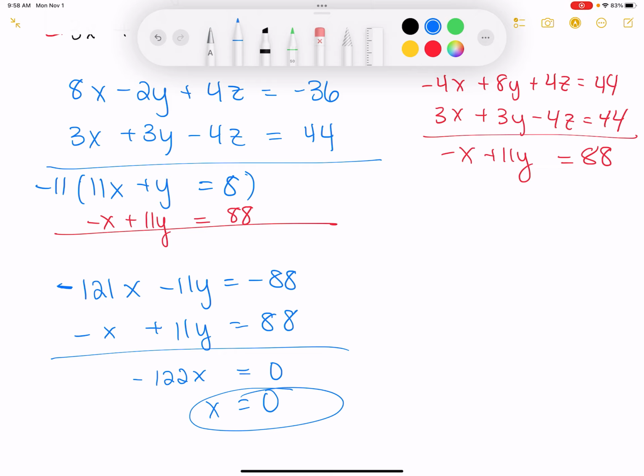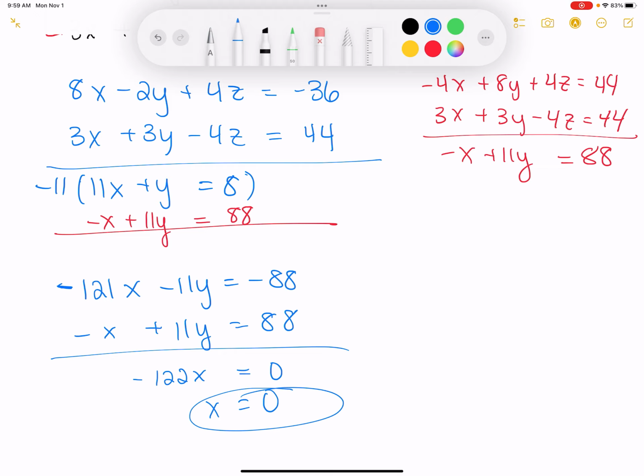So now, top or bottom? And remember, I can use the original. Bottom. You want to do extra math? No, top. Okay, that's what I thought. Notice in the top one, y is already by itself.